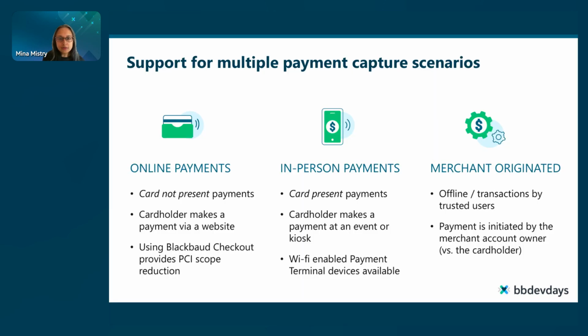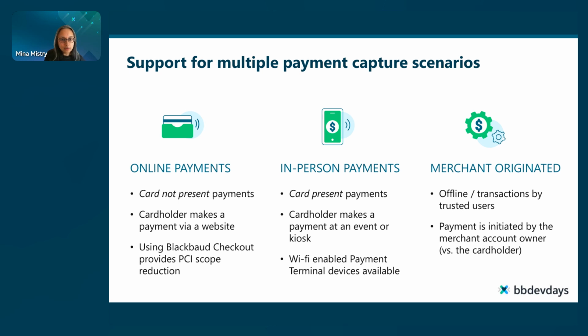So this slide is also looking at things from a high level for the API. We do have support for online payments, in-person payments, and what I call merchant originated. And today we're going to focus on online payments with the new checkout experience. But I did want to make you aware that we do have the ability to support card-present payments with a variety of different devices.